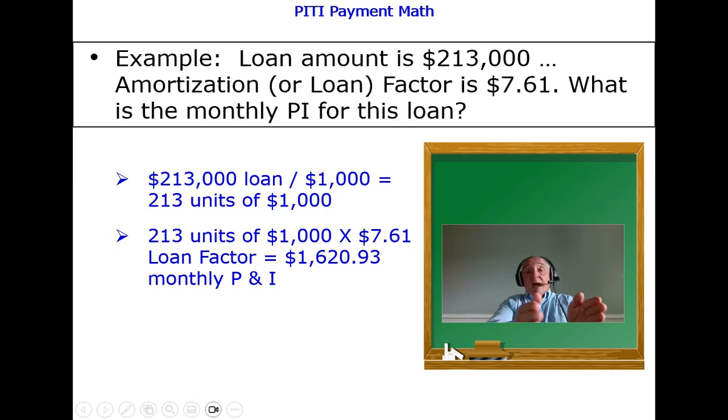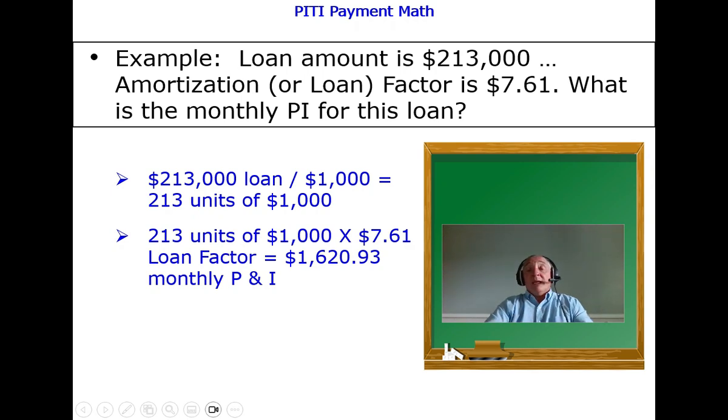So you got, if you look, 213,000. All right, divide it by 1,000. Always divide it by 1,000. That's going to get you down to 213. So 213 units. Multiply that by 7.61, which is the loan factor that's given to you, and that gives you your monthly payment, principal and interest payment.